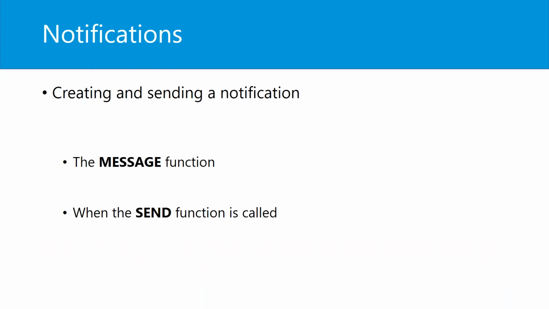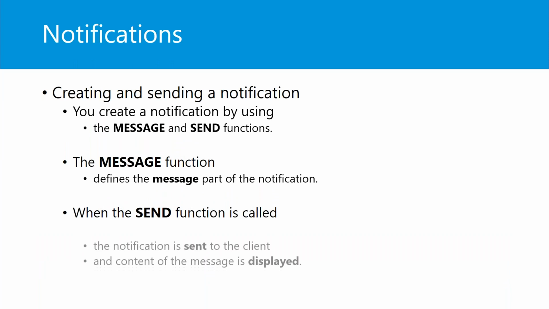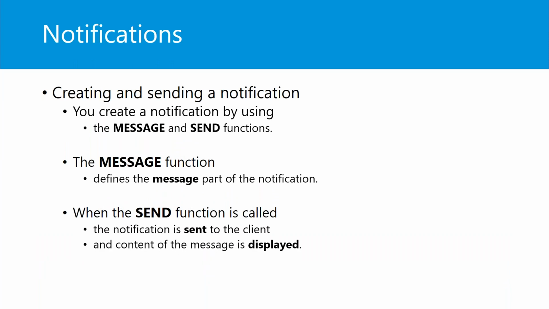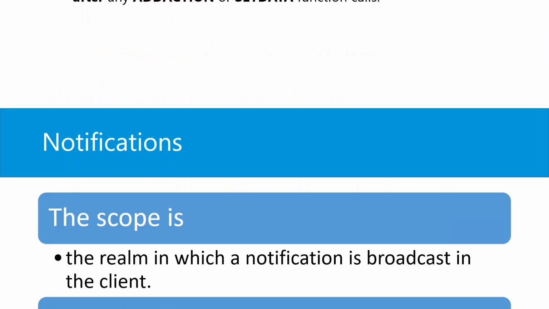So when we create a notification, we will use a message and a send function. The message function defines the notification, the send function raises the notification, sends it to the client and displays the content. Here is a very simple example, my notification.message, and then I will send it. What I can also do is use add action and set data, but of course the send function should always be the last one in your code.